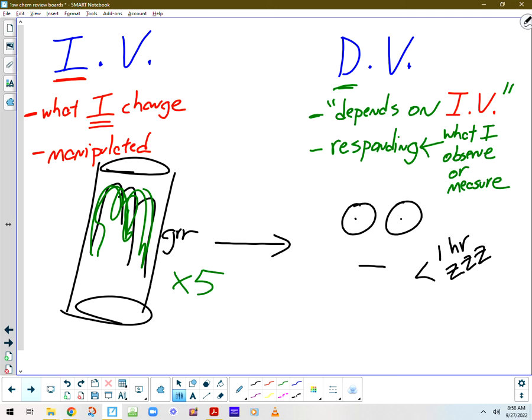See how the one on the left here, this is what I am manipulating, it is what I am changing. I could change the number of monsters if I wanted to. I could do like 4 monsters, or 1 monster, or 10 monsters, and if I survived, then I could see what happened. I could do 0 monsters.